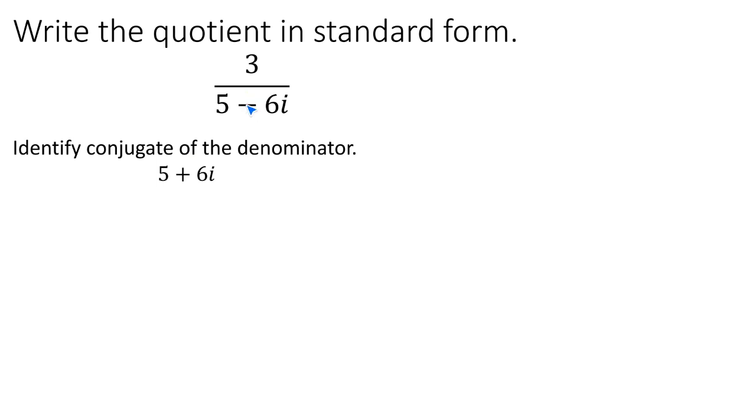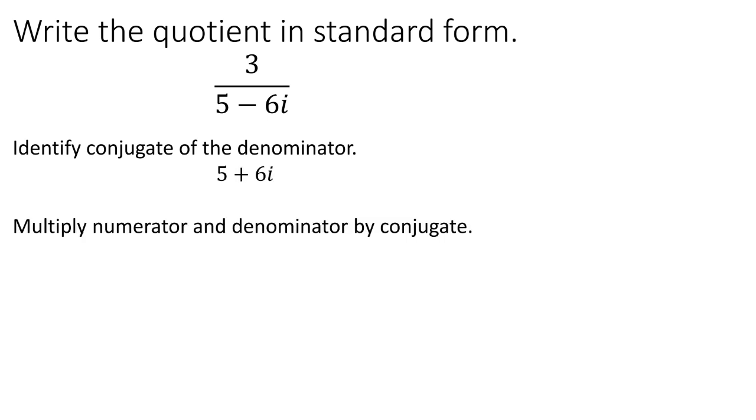So instead of minus, we're going to have a plus. We're going to take this conjugate and multiply the numerator and the denominator. I have it written here. I can do this because 5 plus 6i divided by 5 plus 6i means I'm only multiplying by 1. So we're not changing the problem, we're just making it look different.